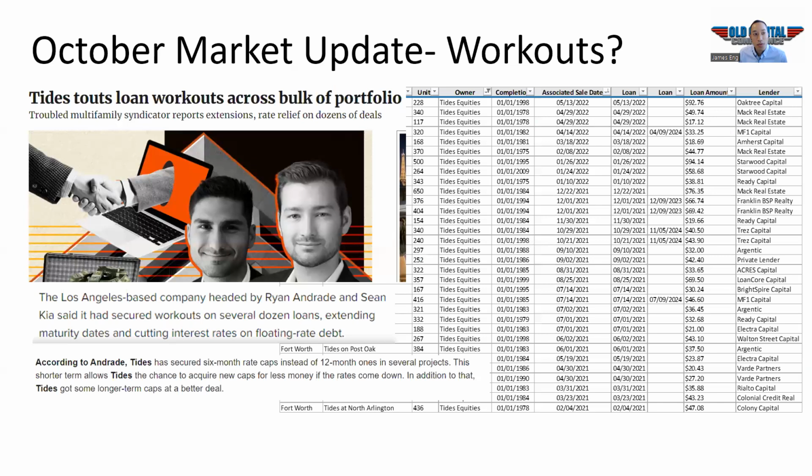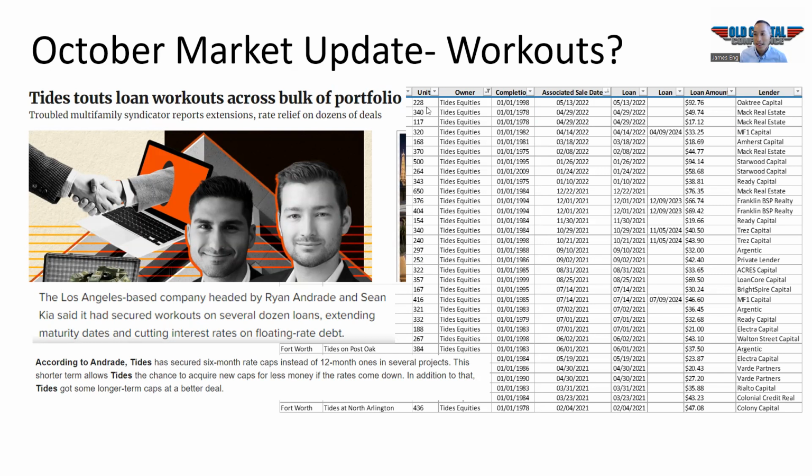All right, so this is one of the largest syndicators in the space. I just snapshotted some of their deals. This is Tides, and look at these deals and the number of deals that they bought from 2021 to 2022, all in DFW.